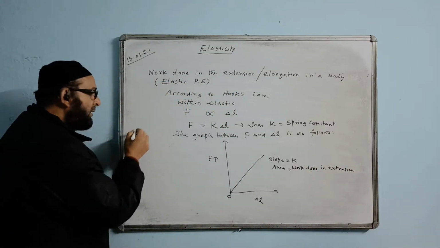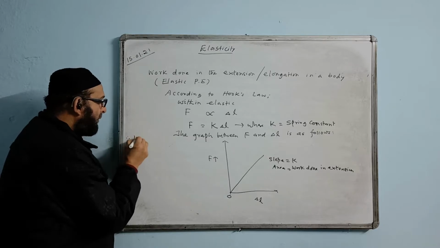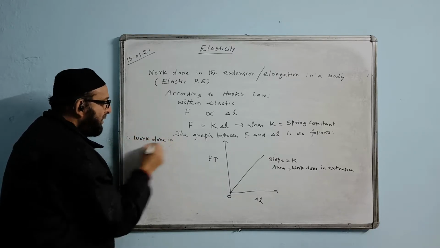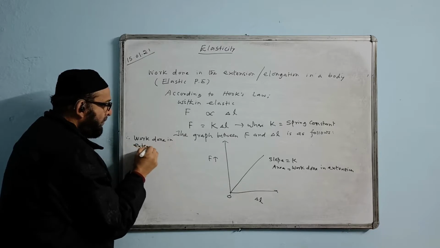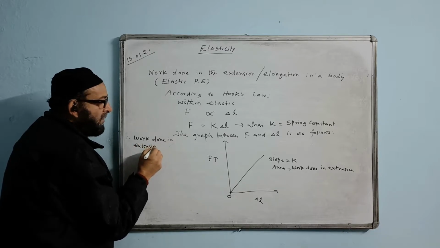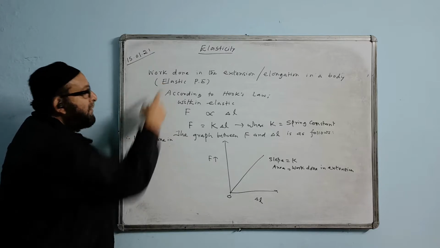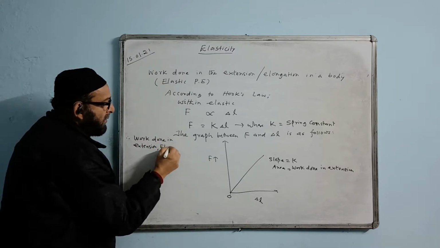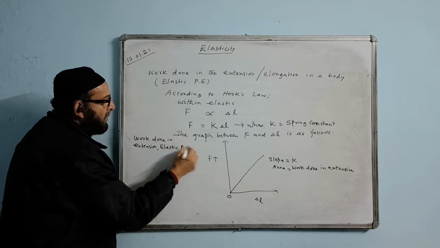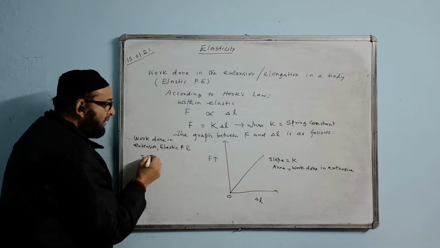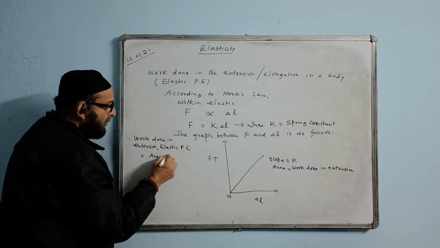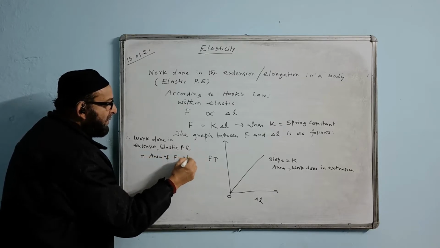So here we will be writing like this. Therefore, work done in extension, which we are calling elastic potential energy, will be equal to the area of this F-delta L graph.